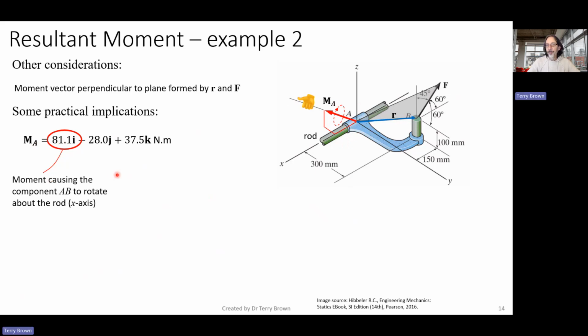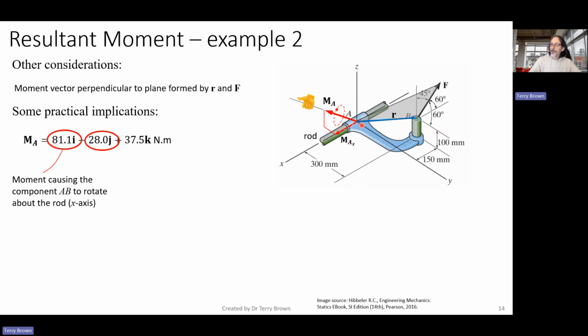All right, what else do we got? Let's look at the next term. I've drawn the component of the moment in there for you. So the next one, 28j, is a moment about the y-axis going in the negative direction.